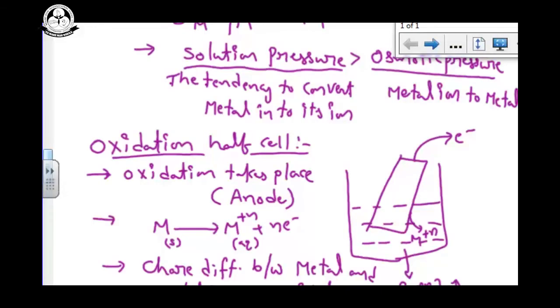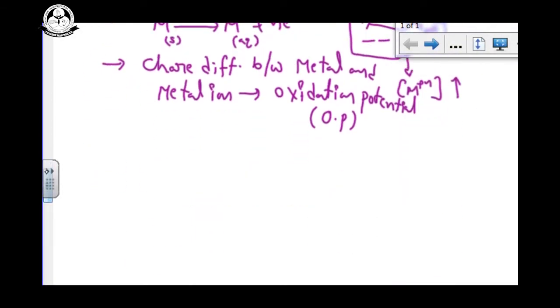As usual, when standard conditions are applied, you can calculate the standard oxidation potential, the standard electrode potential, which will be represented by E0.